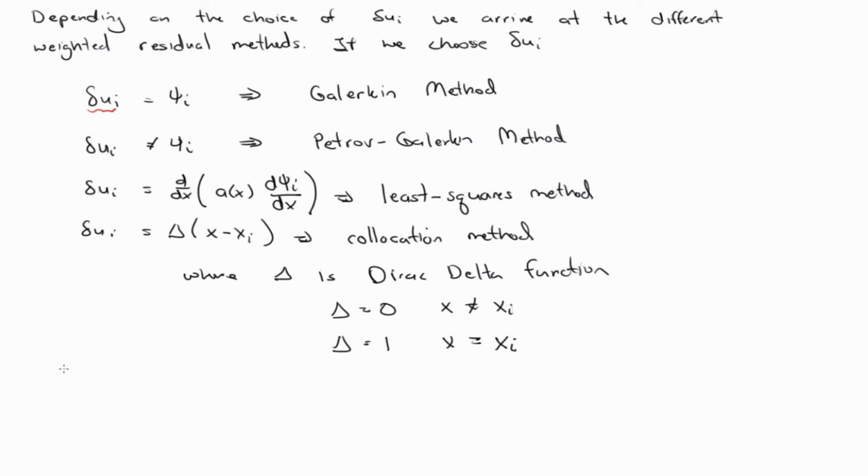So of the methods above, in terms of weighted residual methods, only the least squares method results in a symmetric coefficient matrix.